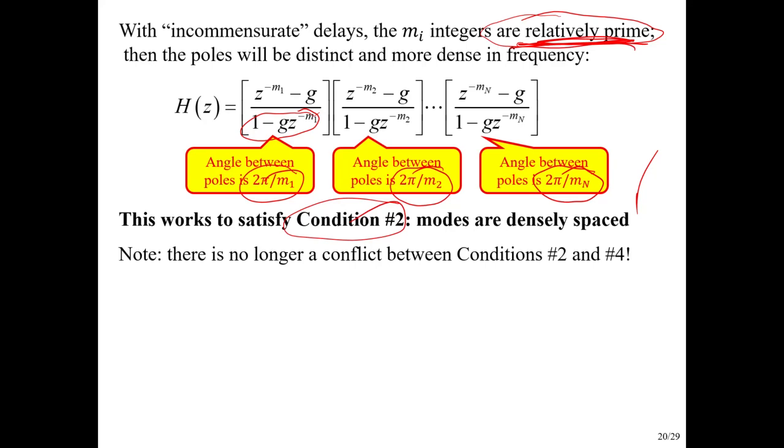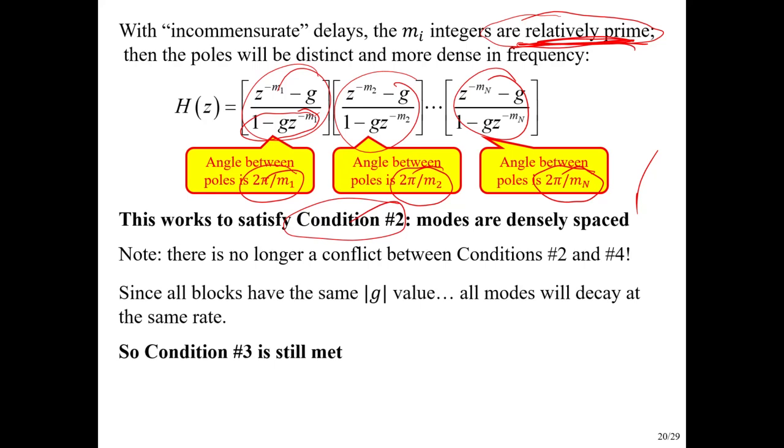We can make the individual M's small to get echoes that are closely spaced, made even closer spaced because of the relative primeness. And even though each one of these has widely spaced poles, they're all interwoven to give a nice dense spacing around the circle. And they won't be periodically repeated because, again, relatively prime.